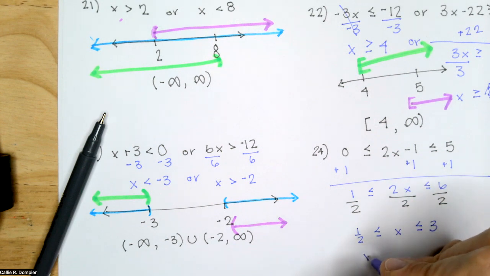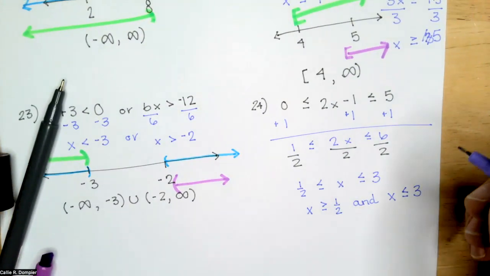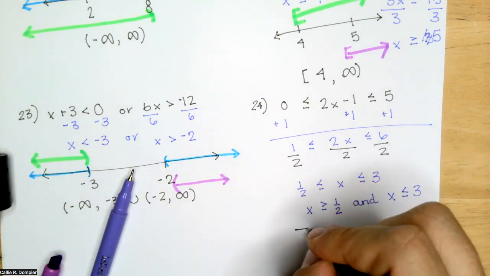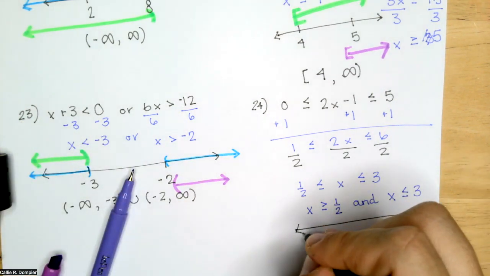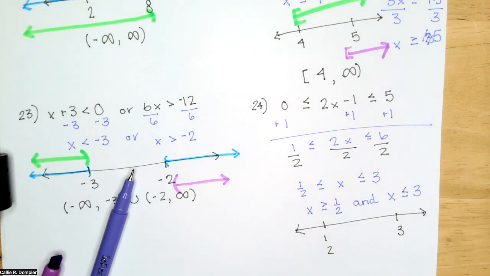Again, you can write this as x is greater than or equal to 1/2 and x is less than or equal to 3. Or you can keep it like that if that's easy for you to understand. So basically, right, x is in the middle of 1/2 and 3, but we'll make sure.